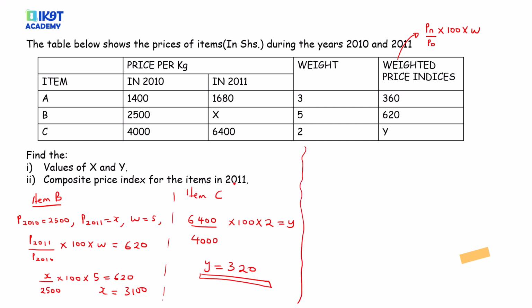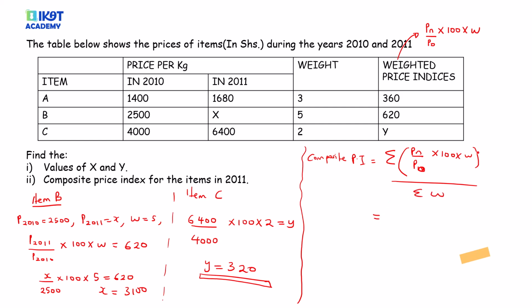Now part B of the question asks for the composite price index for items in 2011. The composite price index is the same as the weighted average price index. So we quote the formula: the summation of the weighted price indices over the summation of the weights.